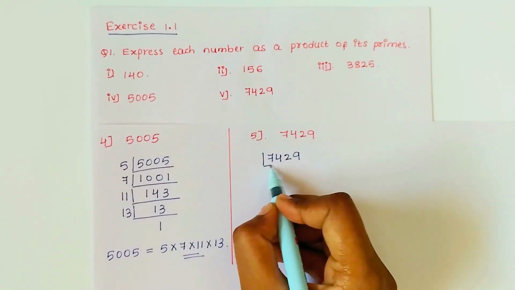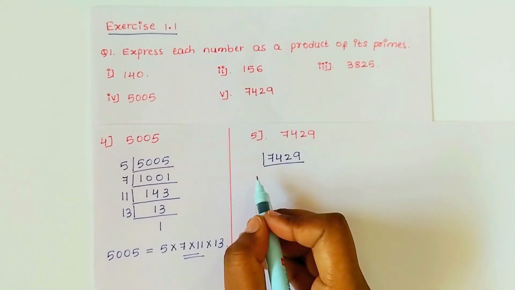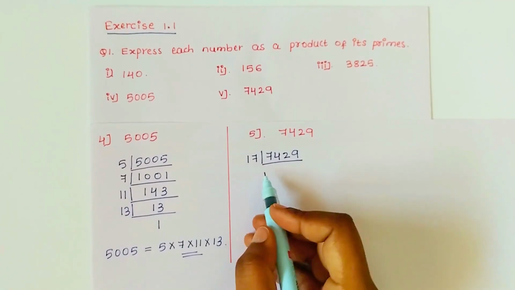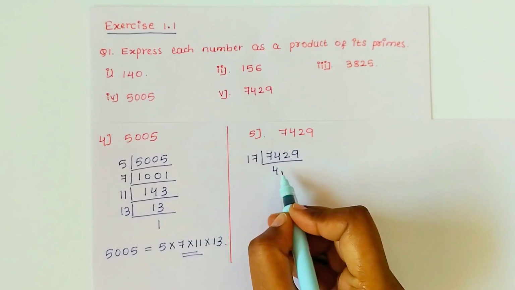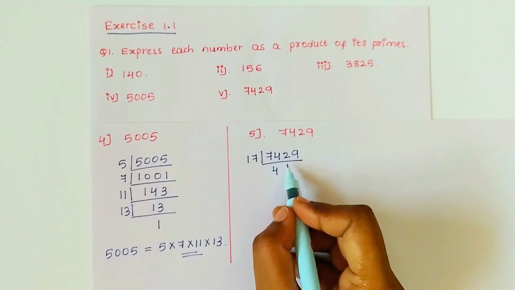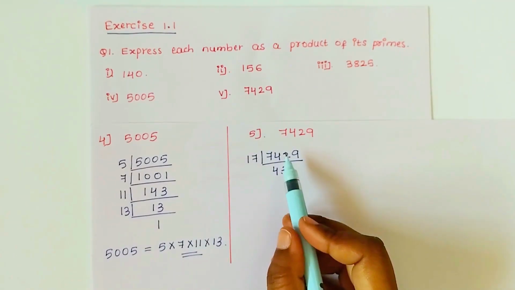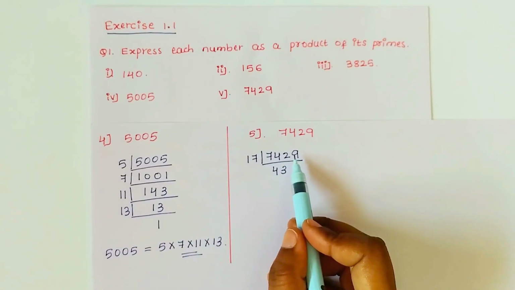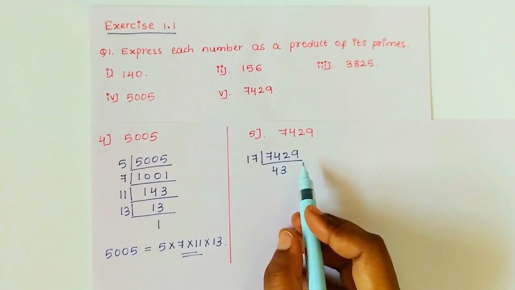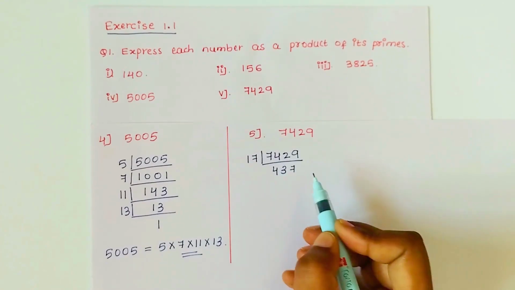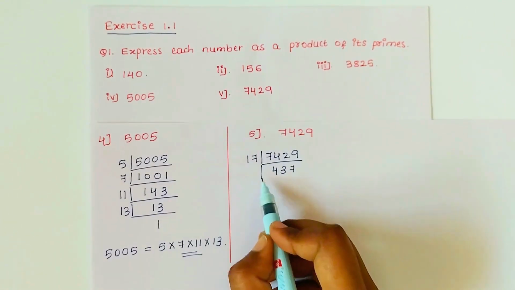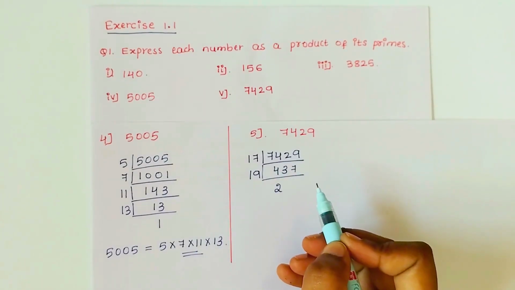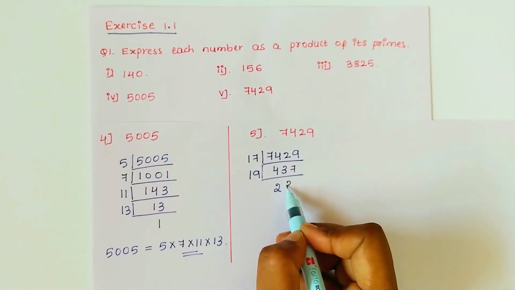7429. Again use the long division method. Start with 17. 17 4s are 68. 17 3s are 51. 62 minus 51. Here you will get 11 becomes 119. 17 sevens are 119. Take down 19. 19 twos are 38 and next 19 threes are 57.